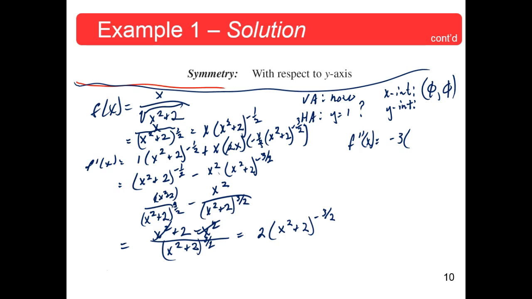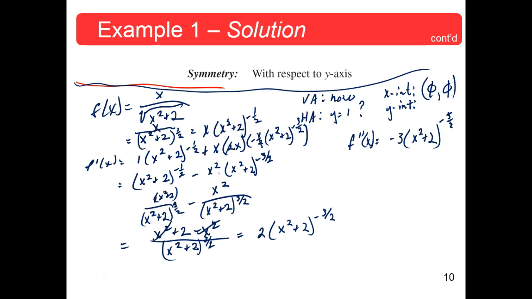What's next? Okay, x squared plus 2. So what's in that parentheses to the what power? -5/2. It drops it by 1.